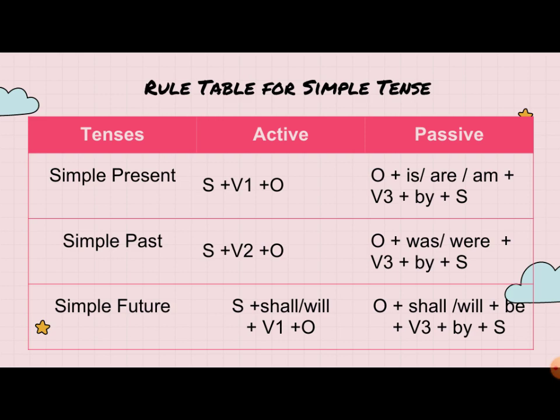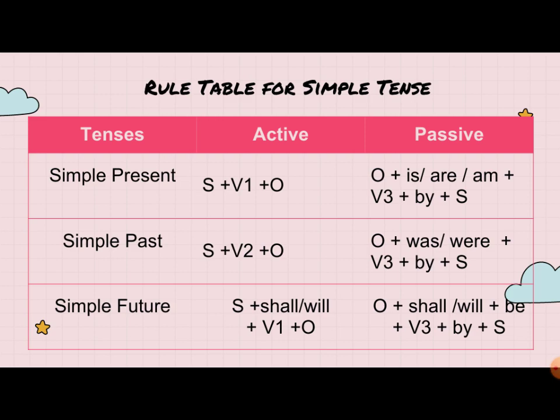In this video, we learned how to identify the voice, whether it is an active voice or a passive voice. In the next video, I will explain to you how to change the active voice into passive voice.